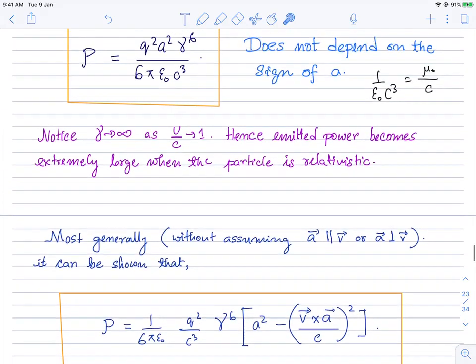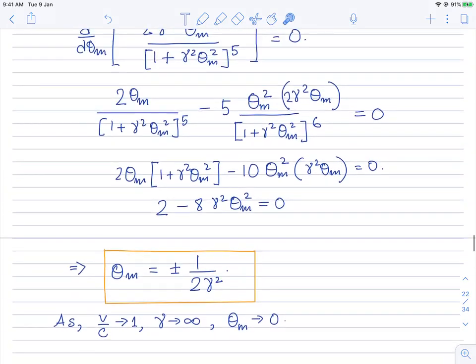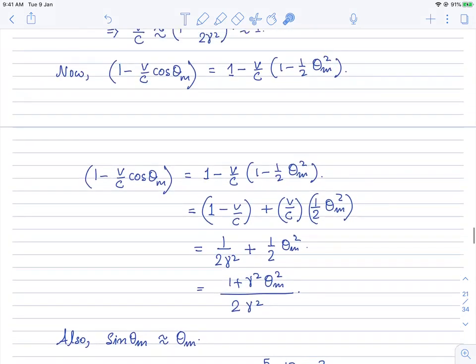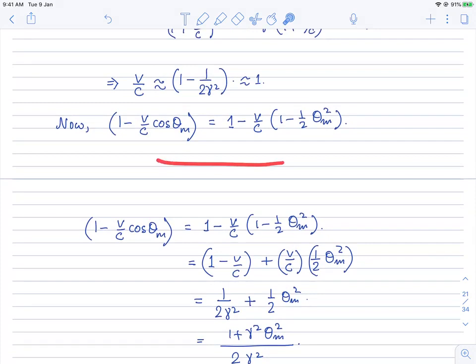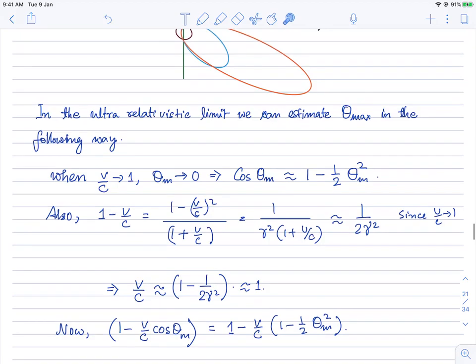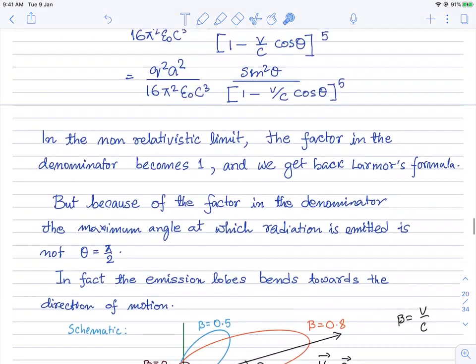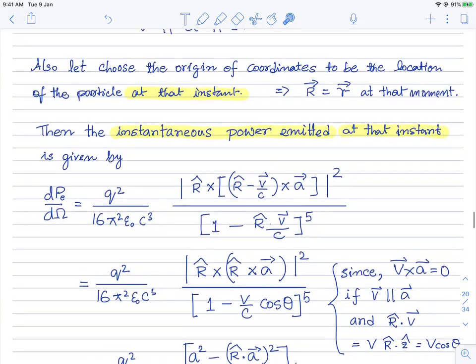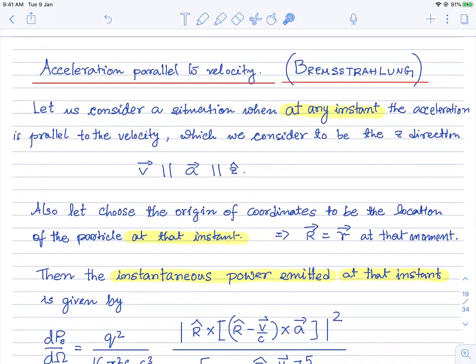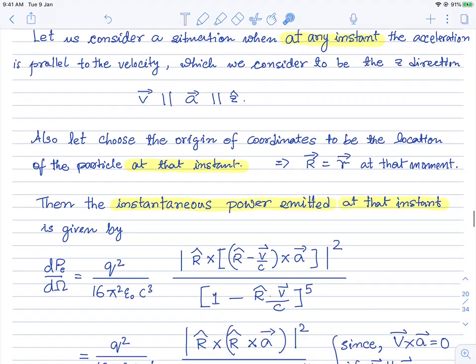By the way, this case, when velocity is parallel to acceleration, has a name. There are processes where electrons are stopped by a target and decelerate to zero velocity and give out radiation. That radiation is referred to as Bremsstrahlung, a German word meaning braking radiation or something like that. In that process, the velocity is parallel to the acceleration, and it will give out radiation.